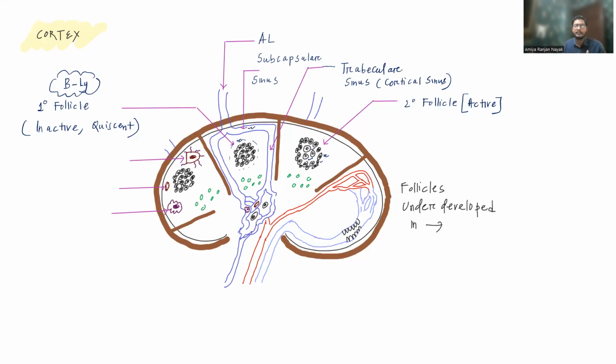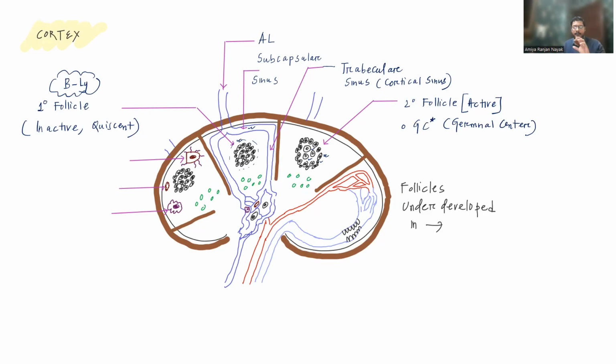Whenever a cell is active, the nucleus will contain open chromatin, because open chromatin can be transcribed and ultimately translated. That is why they give a lighter appearance in the central area. That central part is known as the germinal center.